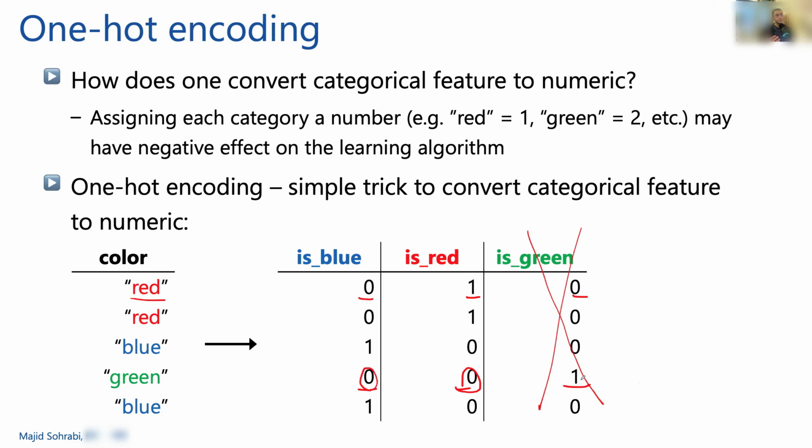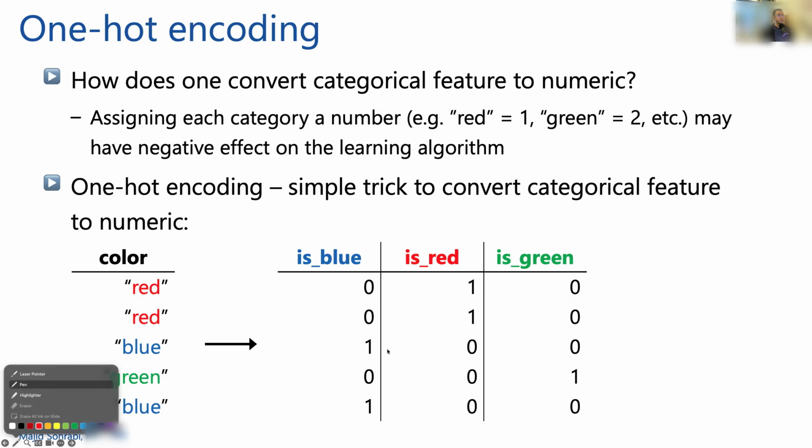I do not recommend removing it after encoding your categorical feature into one-hot encoding. It is a matter of practice. Maybe in your data set, it would be redundant to have one extra column. You may even remove it to test if it works better or not. Or sometimes for some algorithms in your task, it would be better to keep this column to give a clearer representation of your data set to your algorithm.